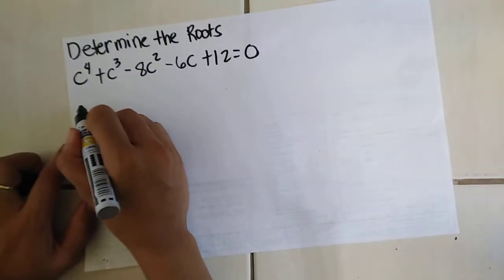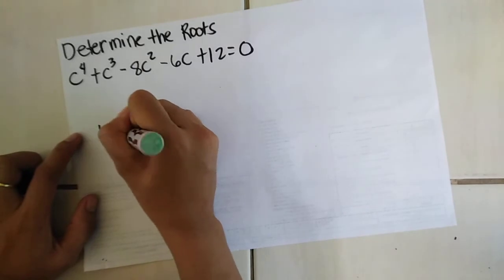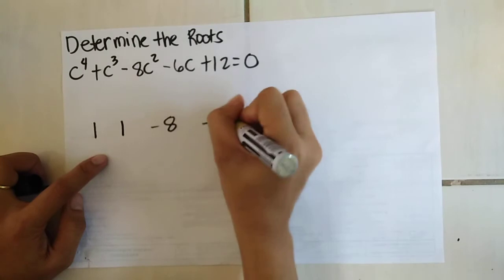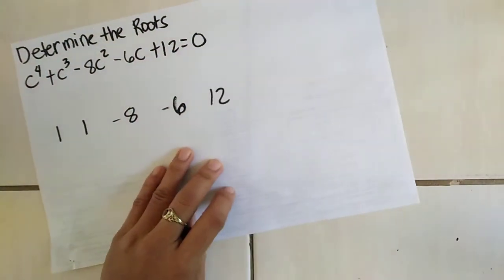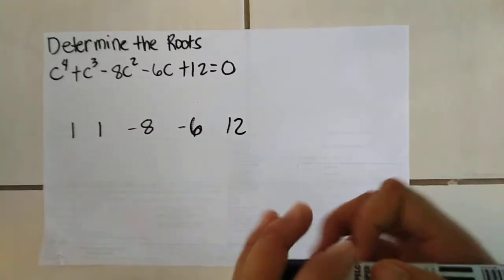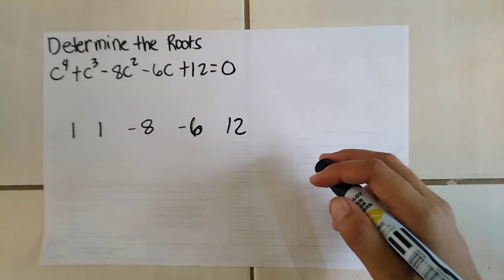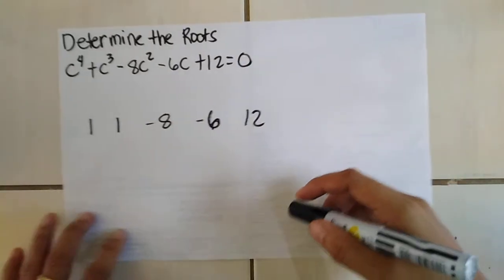We have here 1, also 1, then negative 8, negative 6, and 12. What are the possible roots that we will use?